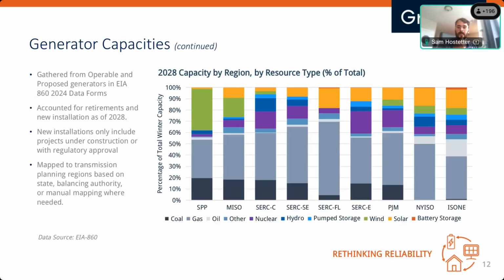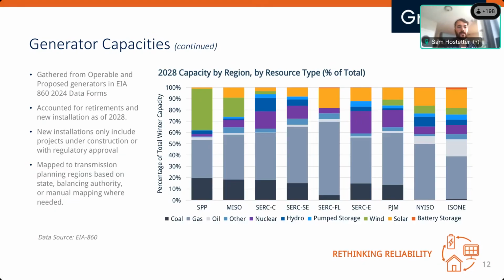Taking a look at another assumption that went into all of the scenarios of the model, we have generator capacities. These values are presented on the right here as a percentage of total capacity for each region. We aggregated the sub-ISO regions into their greater regions here.